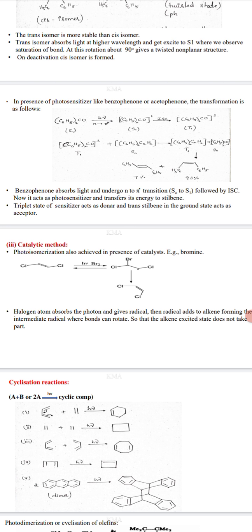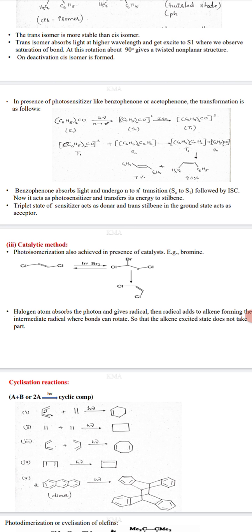This triplet state benzophenone molecule now reacts with the singlet ground state of stilbene. It transfers its energy to the stilbene. Now stilbene takes up energy and gets converted to a triplet state, and benzophenone comes back to the singlet state. That is, benzophenone absorbs light and undergoes n to pi star transition.